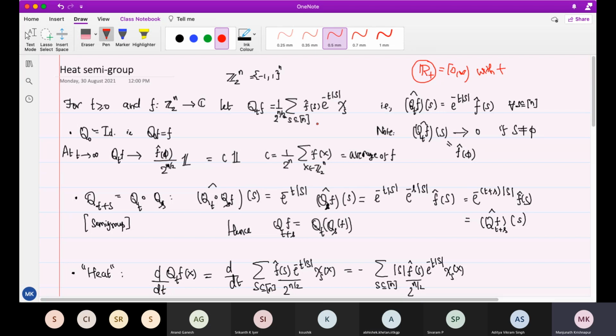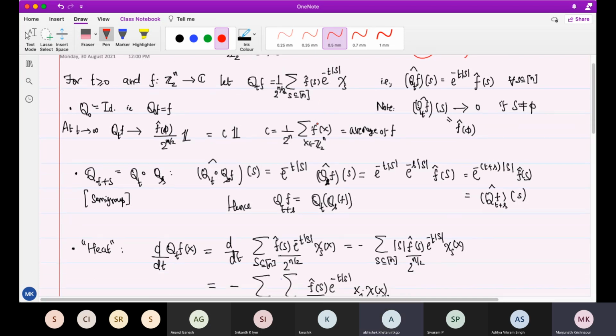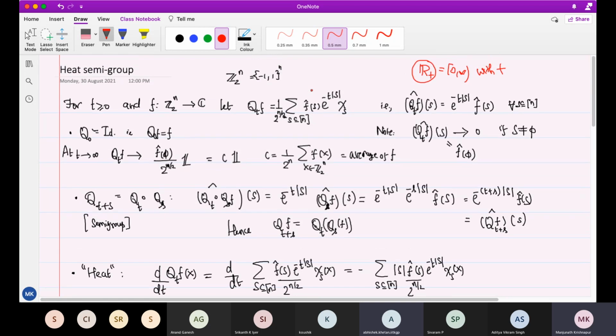In Ryan O'Donnell's book, he also defines this where e to the minus t is replaced by a negative number. You can do that. If I took e to the minus t as the parameter, let's call it alpha, then I have alpha to the size of s. That alpha is between 0 and 1, but you can let that alpha also be in minus 1 to 0. It's possible.